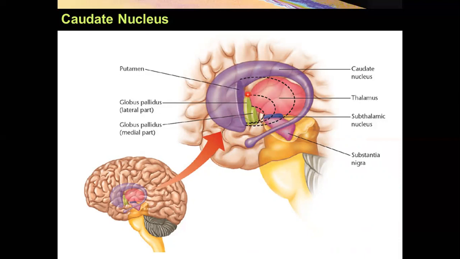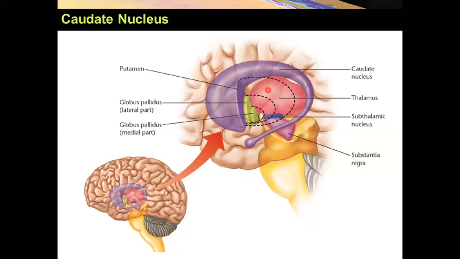Then inside to the putamen, there is the lateral part of the globus pallidus, and inside to the lateral part, there is the medial part of the globus pallidus. Then there is the thalamus. Then there is the third ventricle.